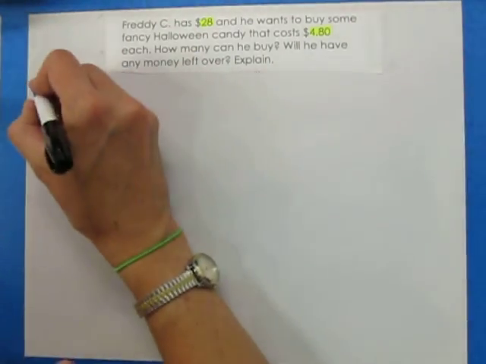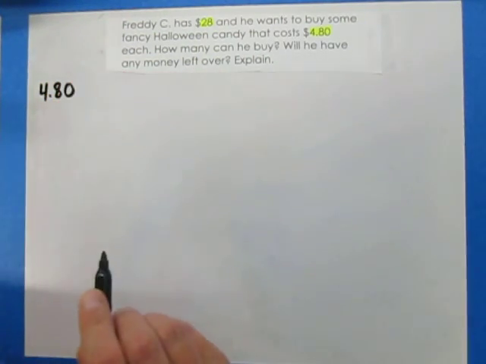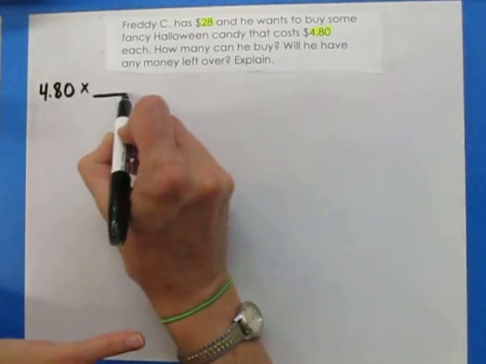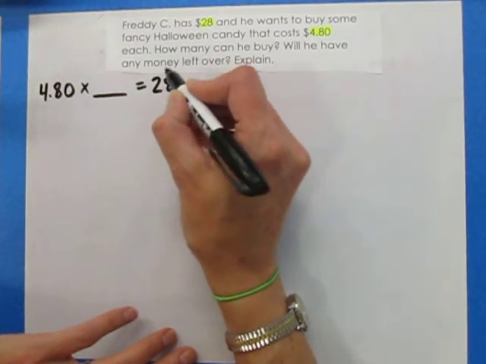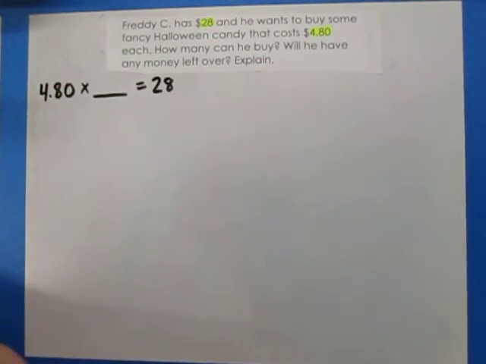So people think, okay, well, $4.80 times some number equals $28 or close to $28. We want to figure out how many he can buy, so it might not equal exactly $28.